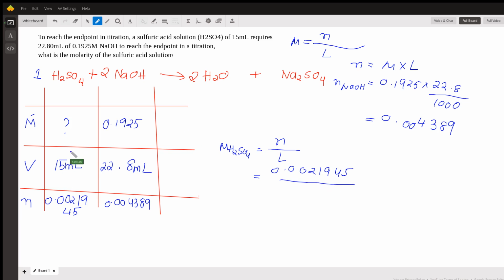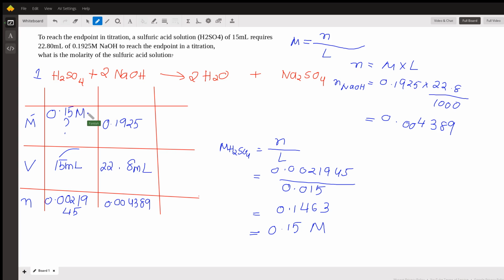We have 15 ml, which we convert into 0.015 liters. Doing that, you get 0.1463. To keep the correct significant figures, which is 2, it's 0.15 molar. So the answer here is 0.15 molar.